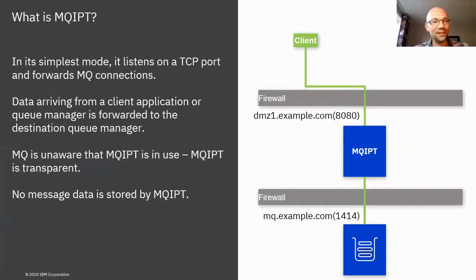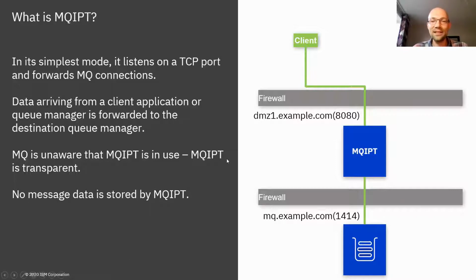Now, in its very simplest mode, it simply listens on a TCP port for connections coming in from either a client or a queue manager, and then it forwards that connection on to its final destination, which will eventually be another queue manager, although as you'll see in a few slides' time, you can have multiple hops through IPT on the way.